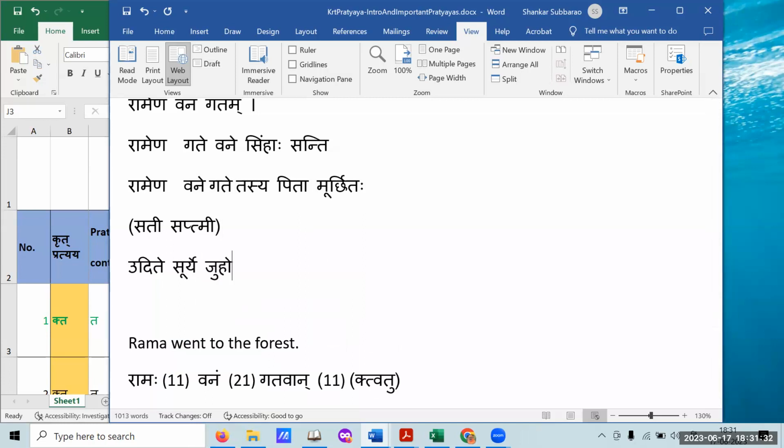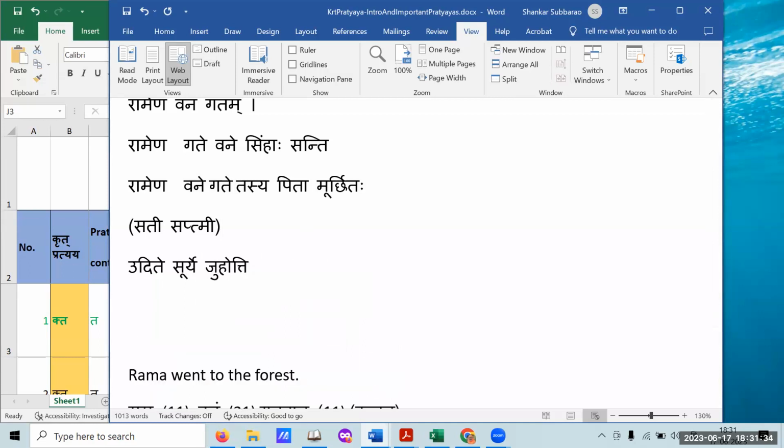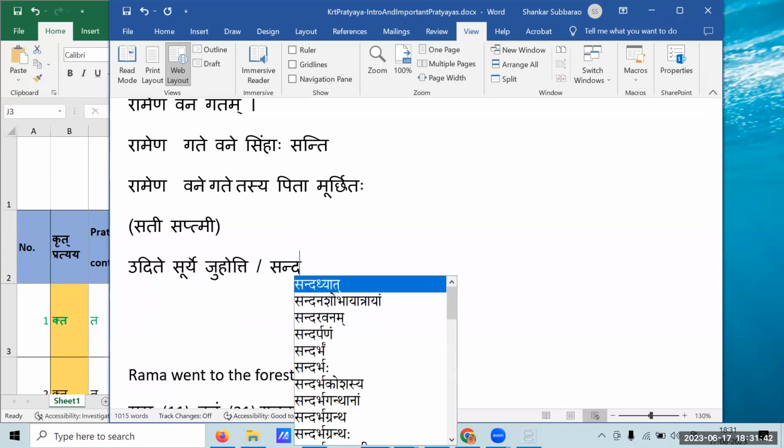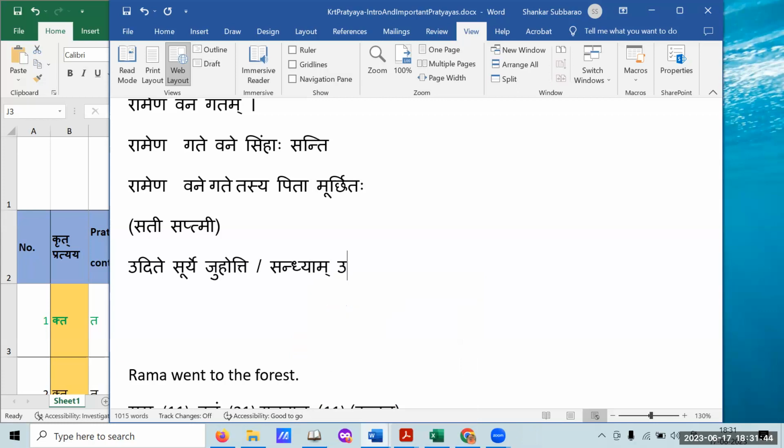Juhoti means he does a sacrifice. Sandhyam upasate. Udite surye. When the sun rises, he does a Sandhyavandanam. Sandhyavandanam karoti, ityartha. Is this making sense?